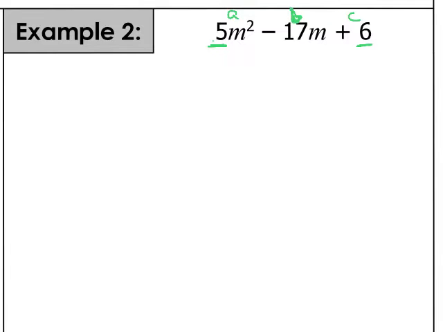Well, now that you have an A term that's not 1, you also need to consider the A term when looking for the factors to multiply. And so what we're going to start off by doing is multiplying the A and the C term together.